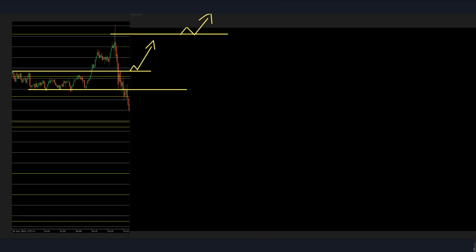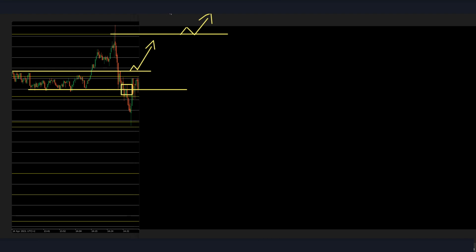So this might be already a retest of these lows, and we might take another retest further along. This one will be, so far I think, a loss. Yes, this one will be a loss or break even. So this rush entry, I don't think that would be a win.